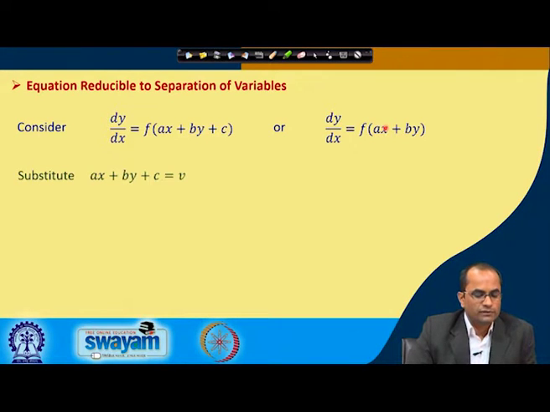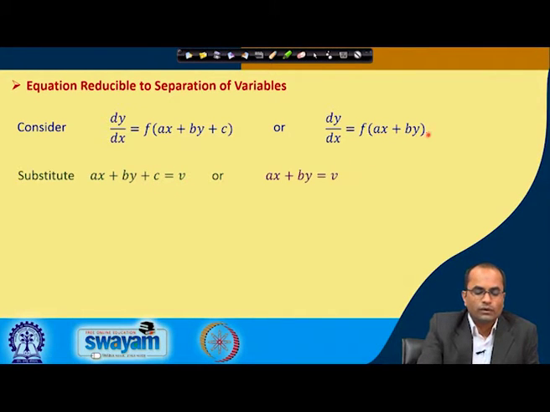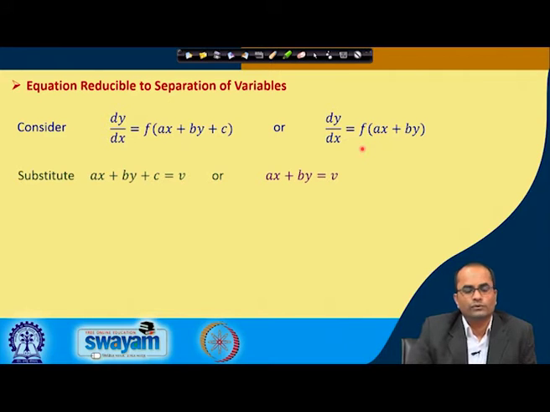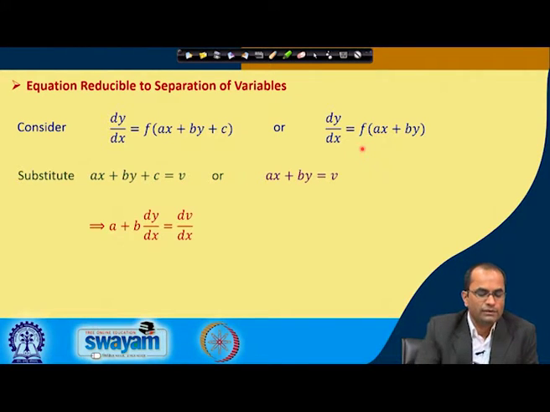In either case, let us say ax plus by plus c is equal to this new variable v, or in this case ax plus by is equal to v. What will happen if we differentiate this to get the relation for dy over dx? We get a times x, which gives just a when we differentiate, plus b dy over dx, and c is a constant, so 0.